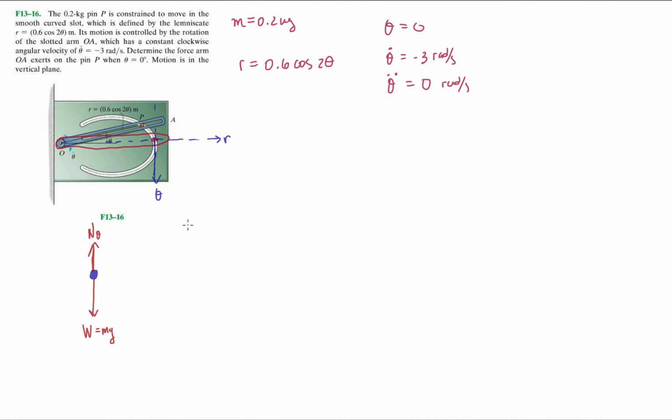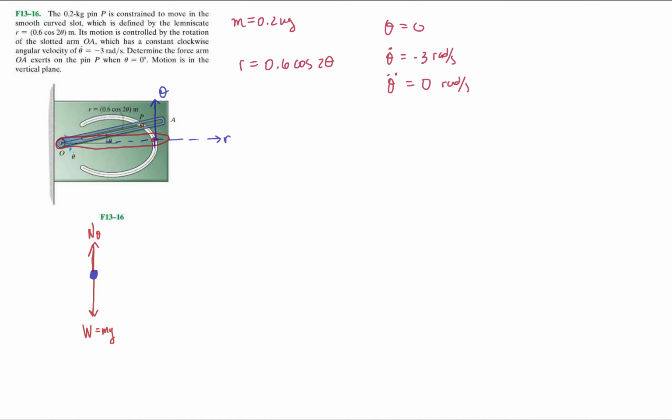Actually, let me switch the direction of theta, just because they already established that clockwise is negative, so I'm just going to keep it as a normal direction. So this is theta. That's just to visualize what's happening to that pin.